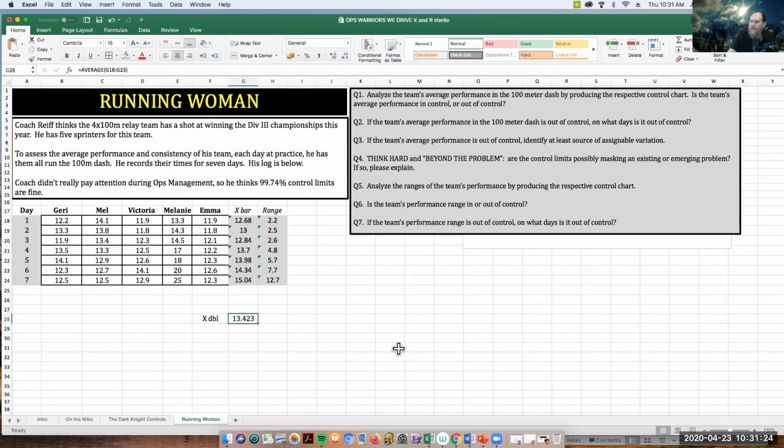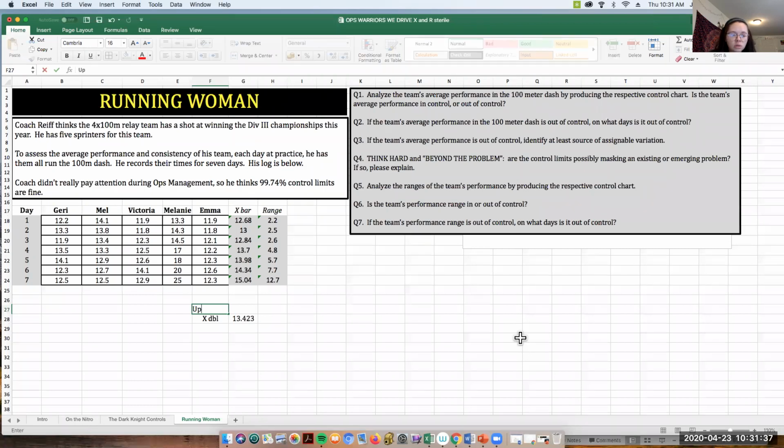And let's see. Teresa, what's something we might want to do now? Next we could calculate the upper and the lower control limits. How are we going to compute that upper? You'll compute the upper by, hold on, I lost my equation.